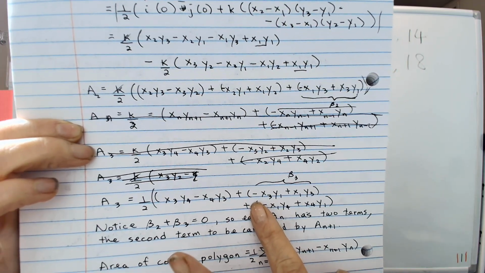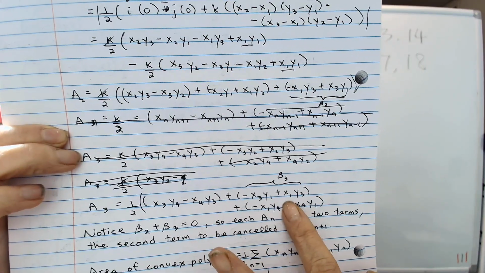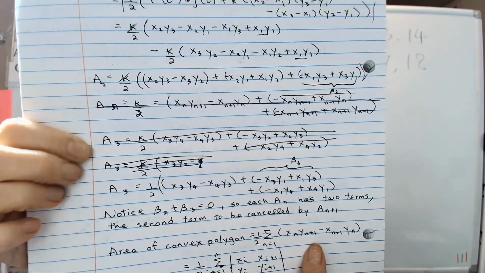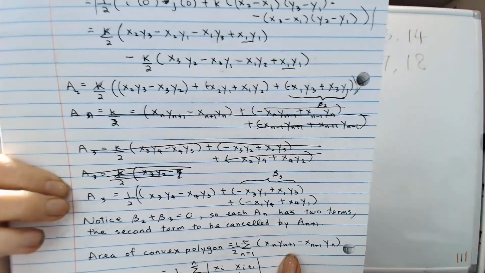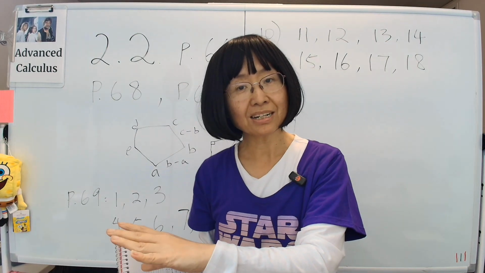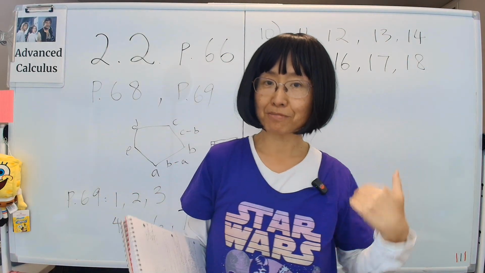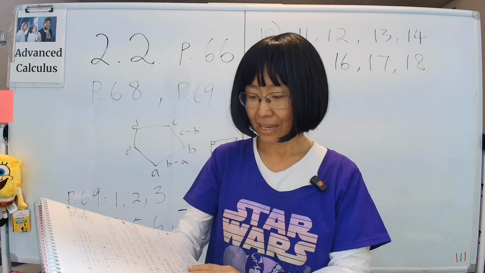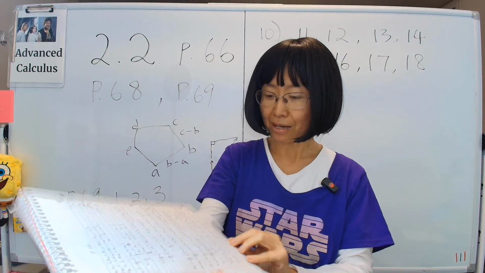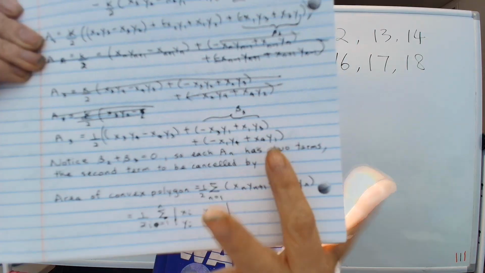See, they're different signs, so they cancel each other when you add them up. So each term cancels out one term with a future triangle and one term with a previous triangle. So each area ends up with just one term. We'll add them all up, and that would be equal to the first one.